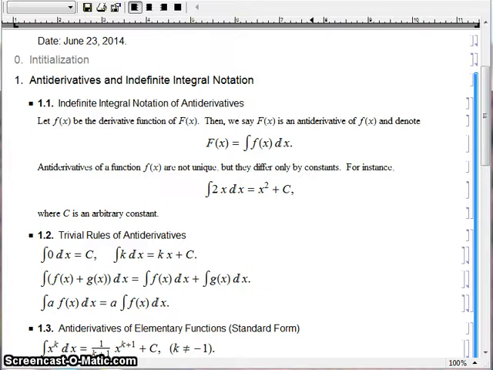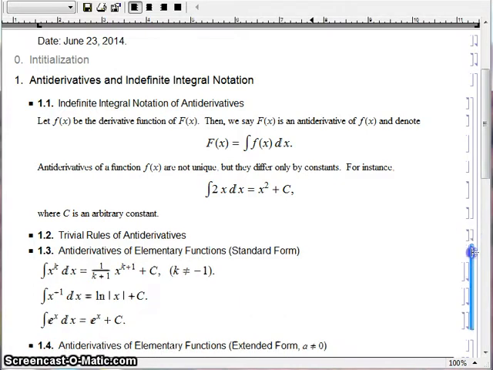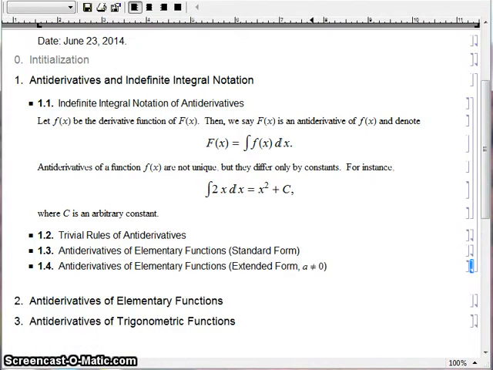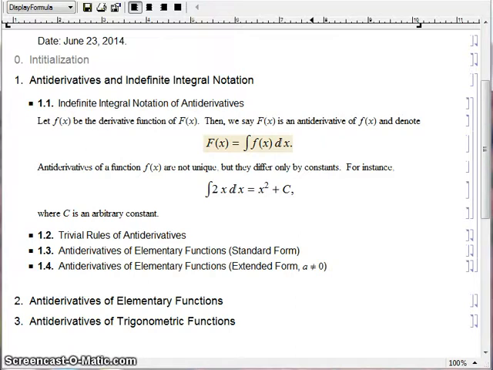Let's suppose that small f of x is the derivative function of capital F of x. Then we say that capital F of x is an antiderivative function of small f of x, and we use this notation here. We read like this: capital F of x is equal to integral f of x dx.